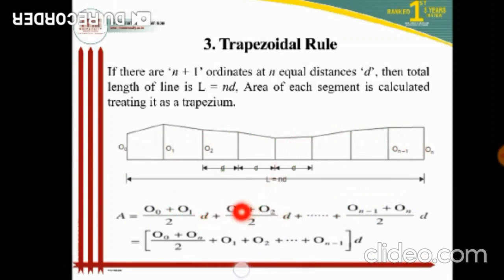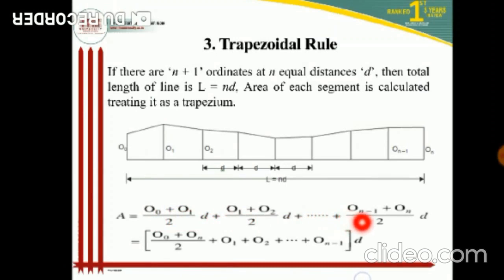At the end we take D outside of this section and reduce this equation, and finally we get the equation area A is equal to O0 plus On, where On means the last offset and O0 means the first offset, divided by 2, plus the sum of the remaining offsets in brackets closed.